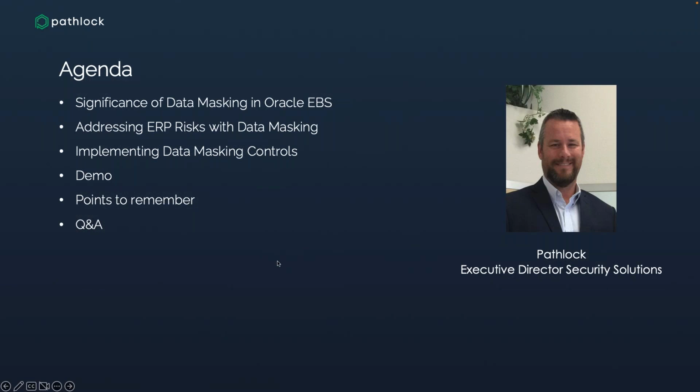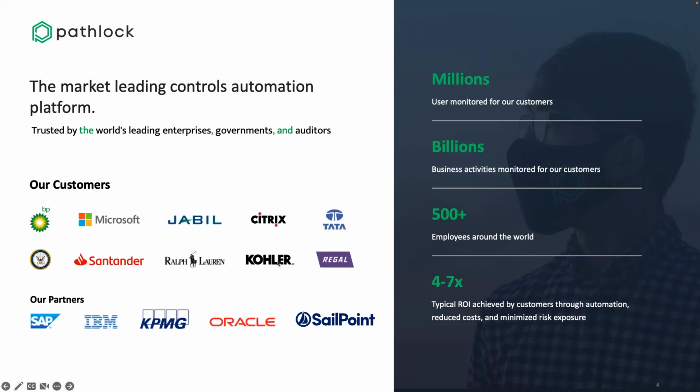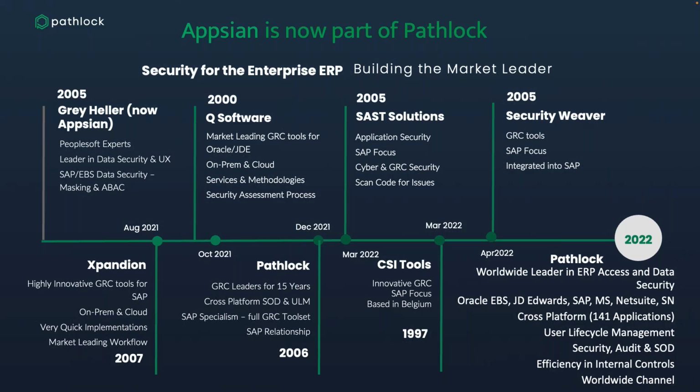So a little bit about Pathlock. Who we are is the market leading controls automation platform. So you can see some of our customers that we work with there, as well as some of our partners. Additionally, you can see we have over 500 employees now worldwide, and it's really been a change of merging of a lot of different organizations coming together.